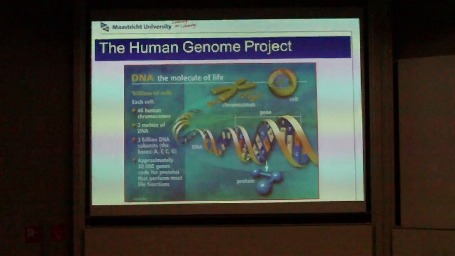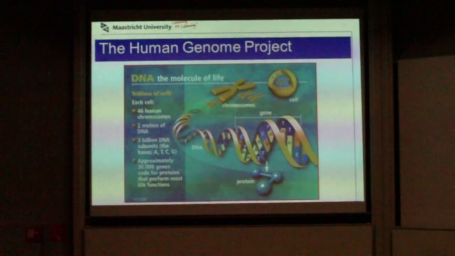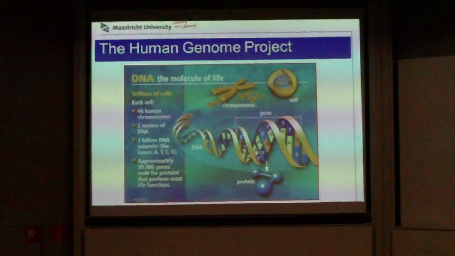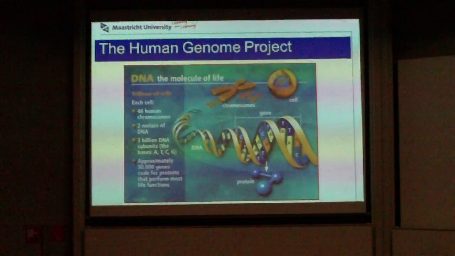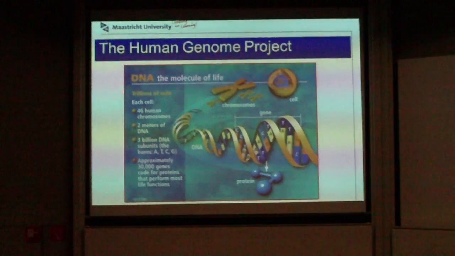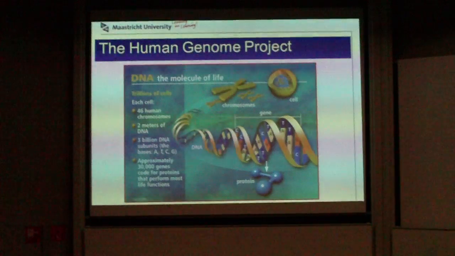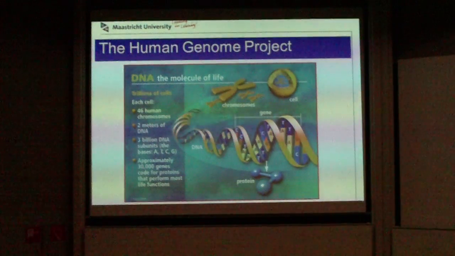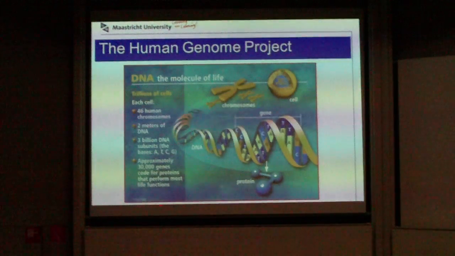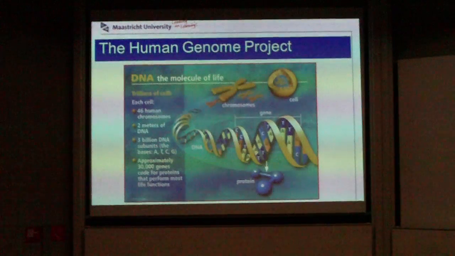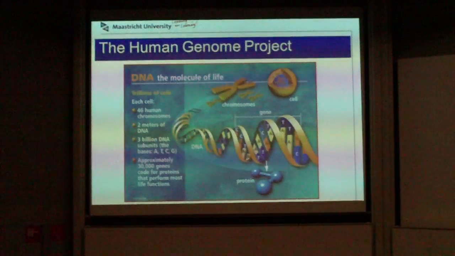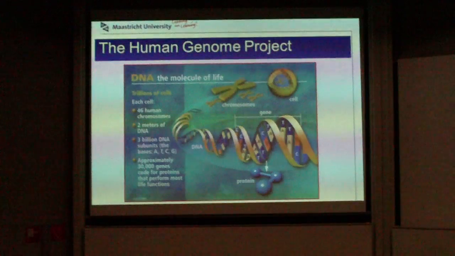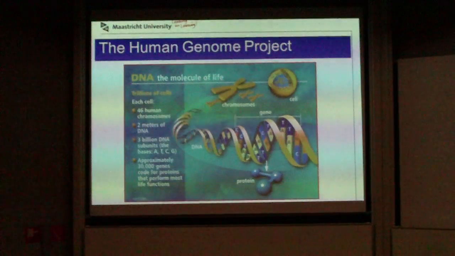And just imagine that in one cell, of which we have trillions, you find 46 human chromosomes, 2 meters of DNA, building up 3 billion DNA subunits, being a DNA basis, and then a code for approximately 30,000 genes that make us who we are and make us respond to external factors the way that we do.